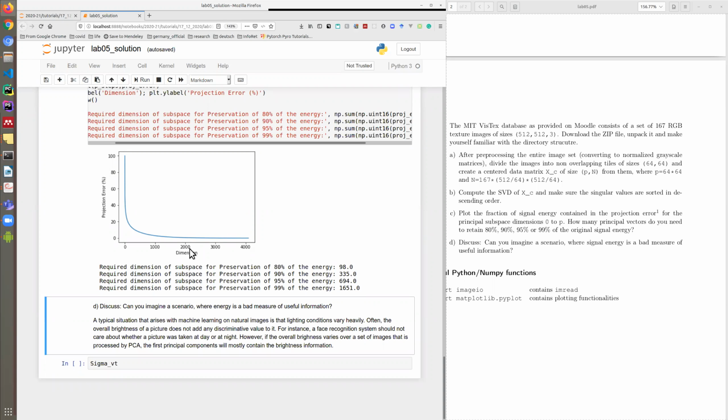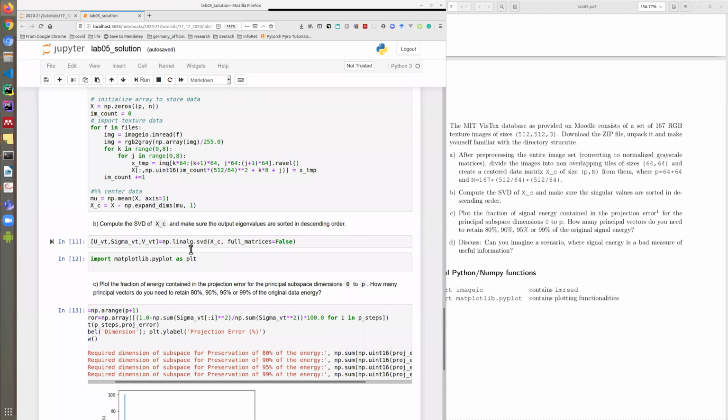It is making decisions based upon the brightness value or the energy value, as we defined here as our loss.